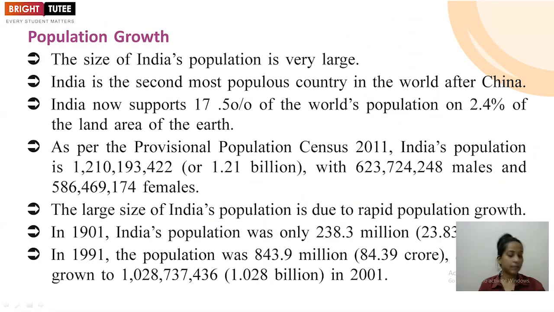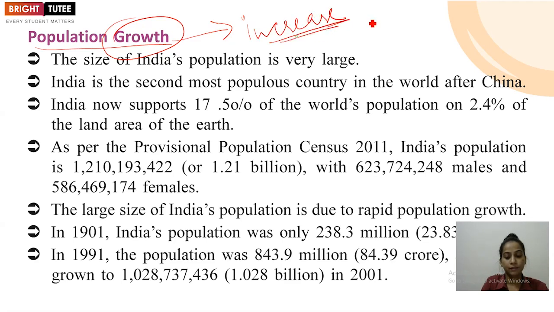Now, under this social demography, we are going to take the first main topic, that is population growth. What does population growth mean? Some idea you might be getting. When we talk about growth, it gives us the idea about an increase in number, which is increasing. Growth is always related to increase.